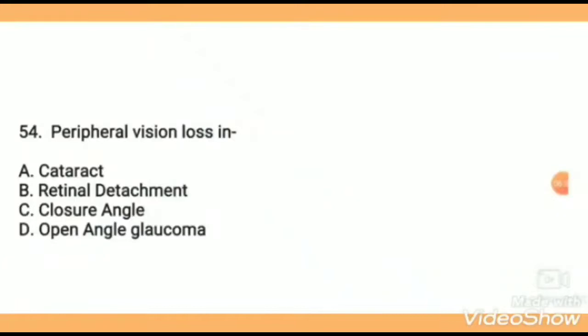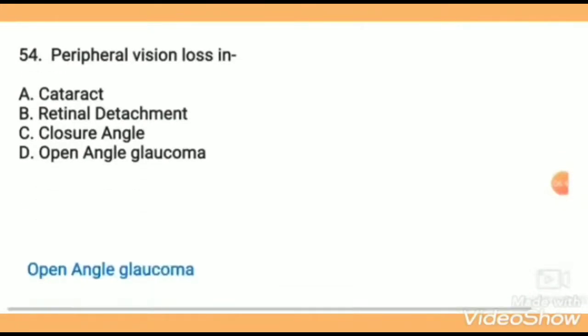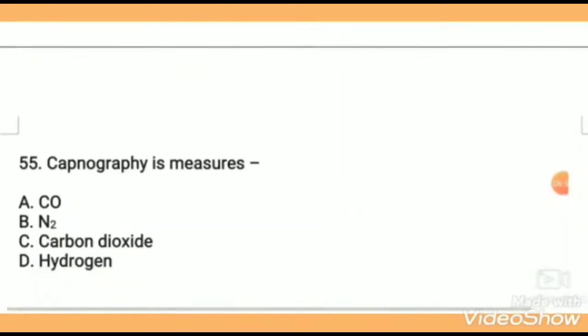Peripheral vision loss in cataract, retinal detachment, closure angle, or open angle glaucoma? So, the correct answer, peripheral vision loss is open angle glaucoma. Next question.